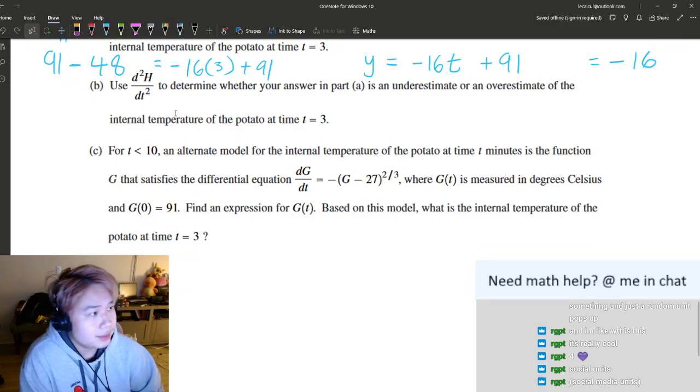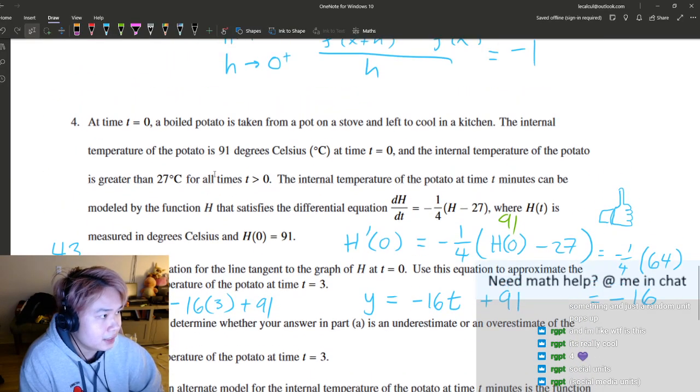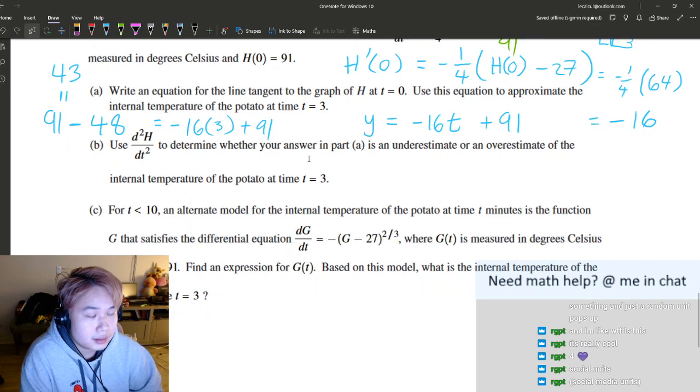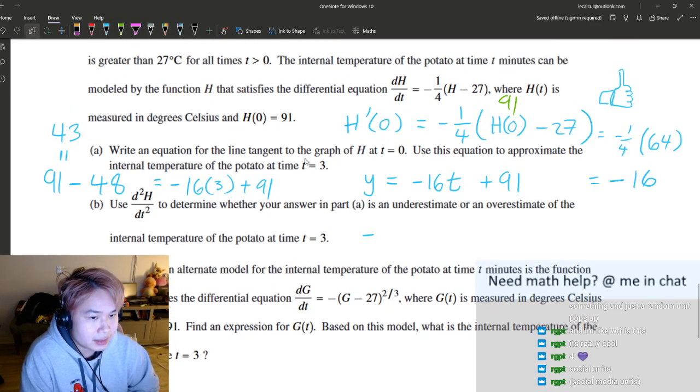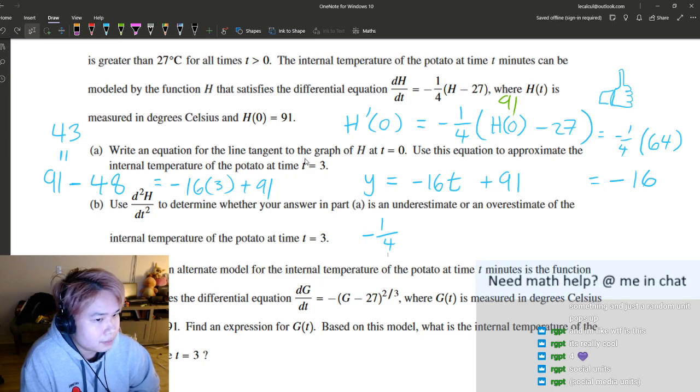Okay, then we use the second derivative to determine if part A is an underestimate or an overestimate at time 3. Okay, so let's find the second derivative of this. So the second derivative is negative 1 over 4 multiplied by the first derivative according to chain rule, right?